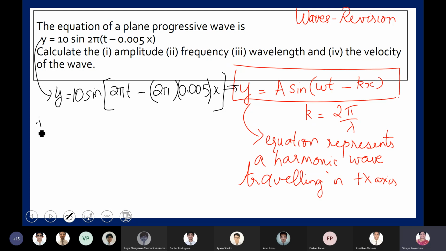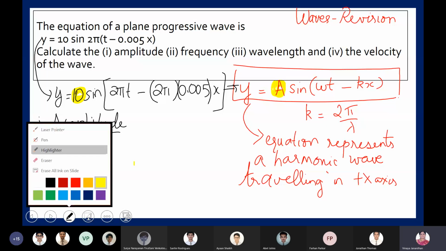Let me go for the amplitude first. What is the amplitude over here? Compare these two equations. Here y is in meters.